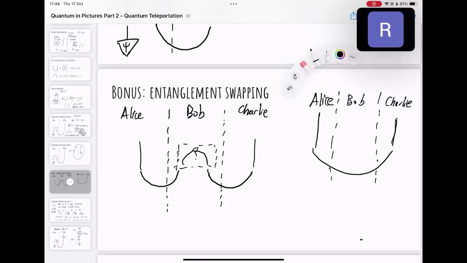Okay, thank you for your question. So let's draw again. More generally, you can have two arbitrary quantum states, and what happens in practice is you measure here.